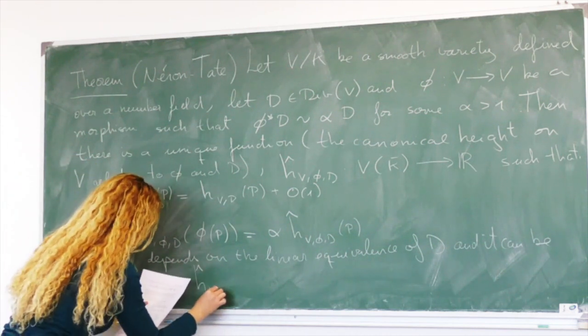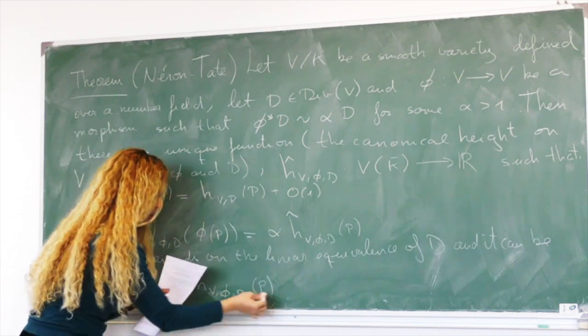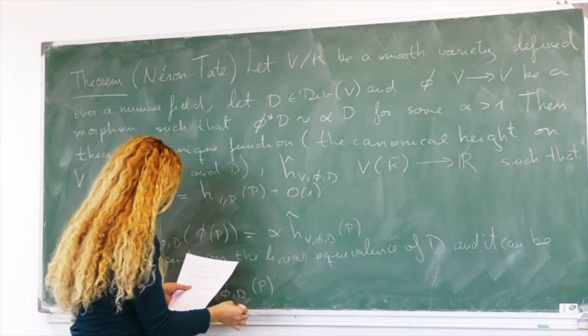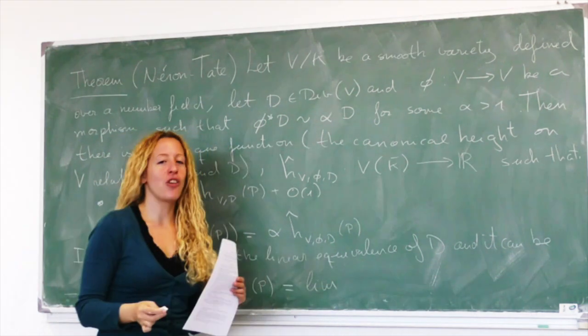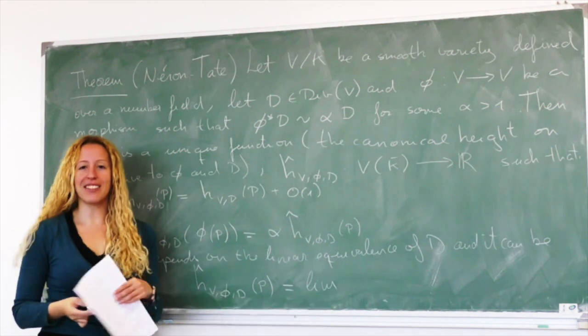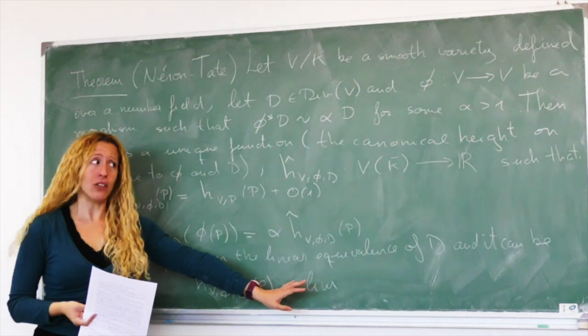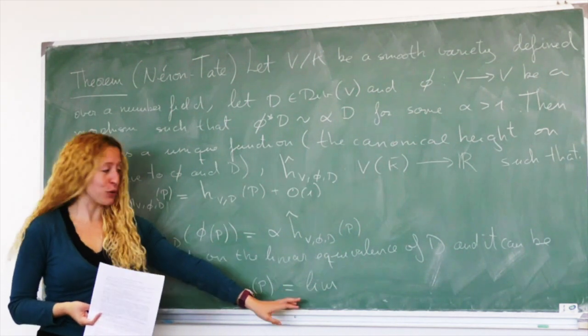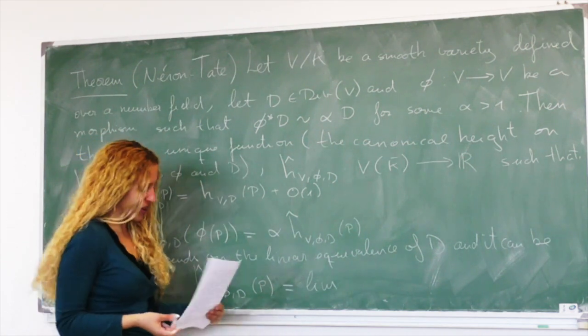So the canonical height of a point P is equal to the limit. This is why I was laughing, because this is a formula, but in practice it's difficult to compute because it's a limit. You have to compute the limit, and it's not easy to compute the limit.